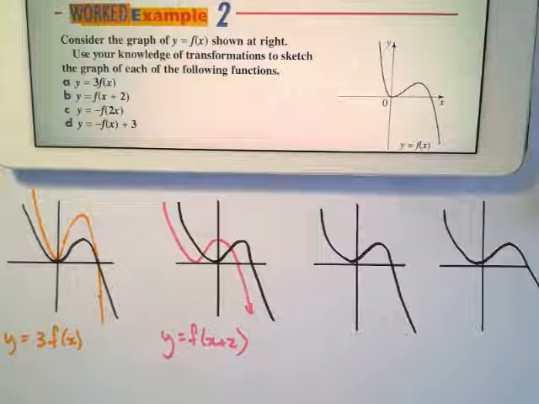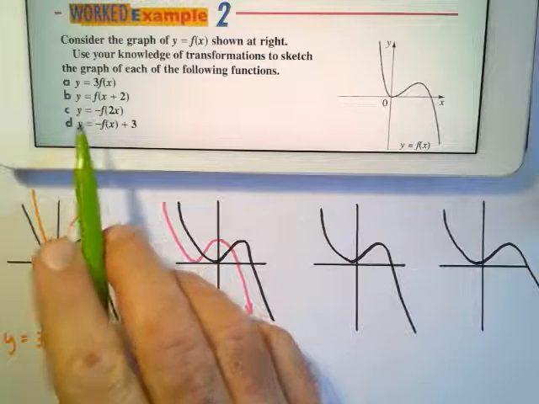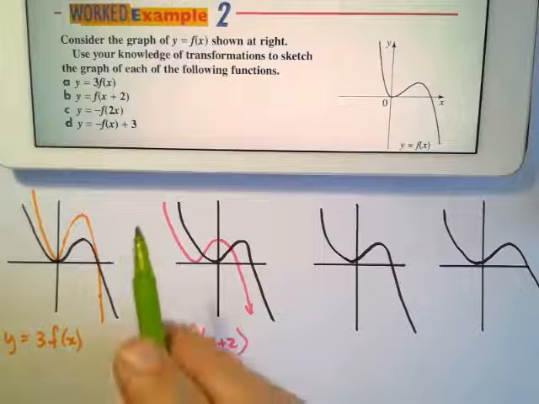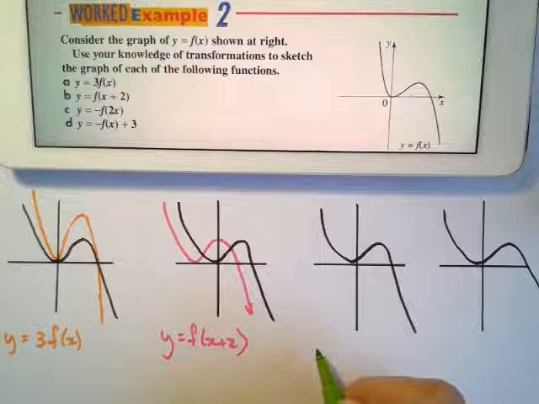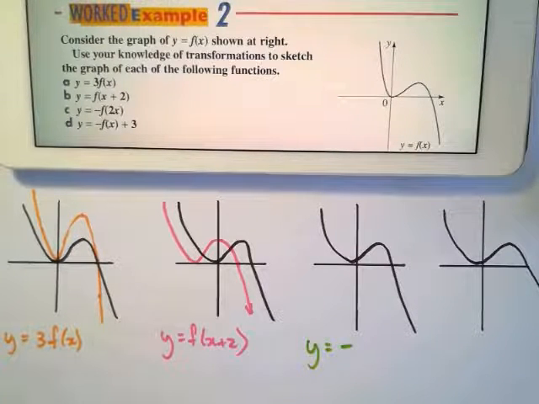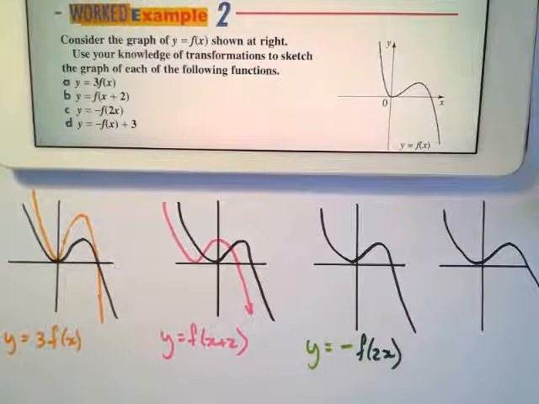I'm going to use 2 colors, because 2 things are going to happen here. I'm going to first do the light one, and then the dark green will be your final answer. Two things happen here. y equals minus f(2x). You have to do one of them first. So the first thing I'm going to do is say negative means that my y values are swapped.